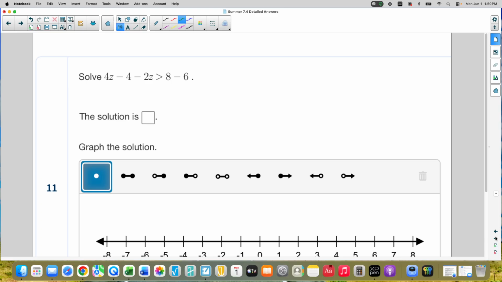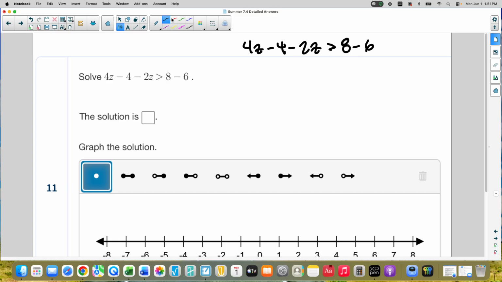Solve for Z. Let's put that there. Sorry, I'm multitasking while I do this. Solve this one. Okay. So let's take this and we'll write it up here. 4Z minus 4 minus 2Z is greater than 8 minus 6.